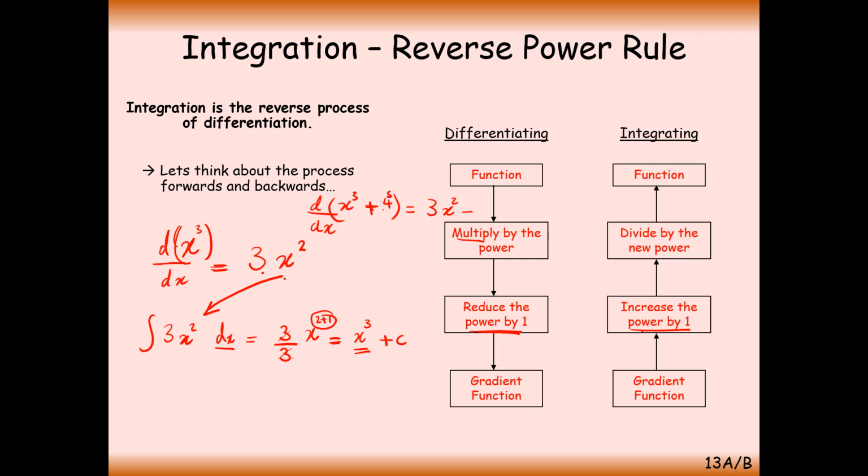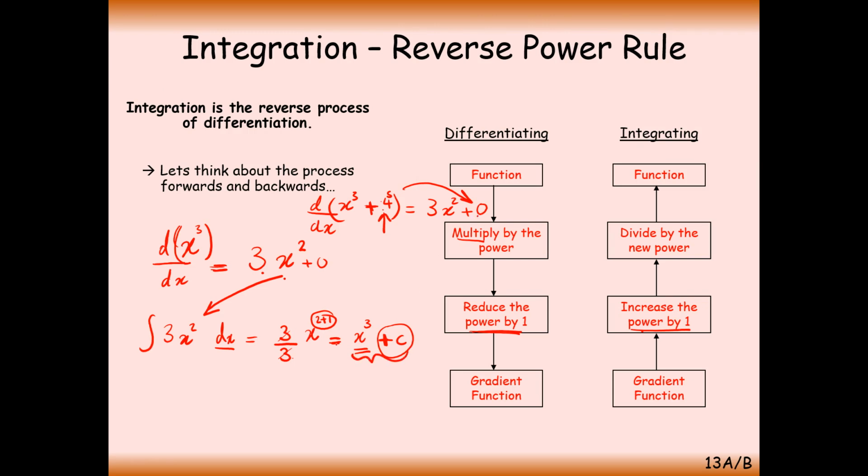When it disappeared, now when we're integrating, we don't know, there could have been a constant here. Like in this very first example, there wasn't, but there could have been, and it would have disappeared when we differentiated. So we compensate for the fact that we don't know that constant by adding a c here.